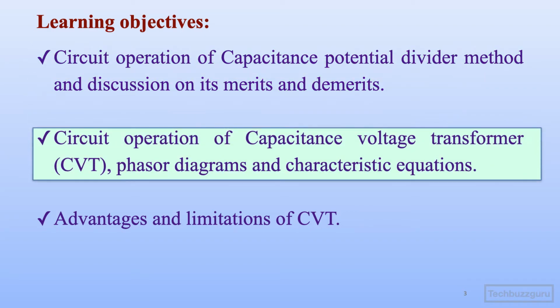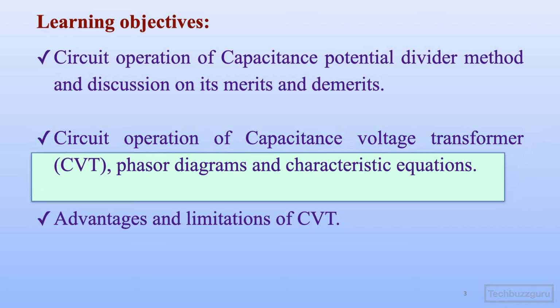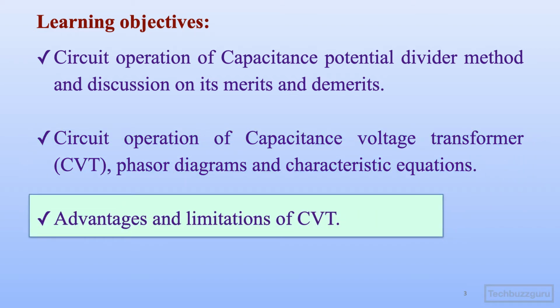Later on, we are going to understand the circuit operation of the capacitance voltage transformer, commonly known as a CVT as an acronym. Then the phasor diagrams and its characteristic equations, and lastly we are going to check the advantages and limitations of CVT, that is capacitance voltage transformer.